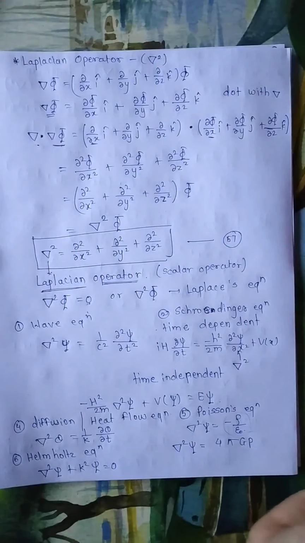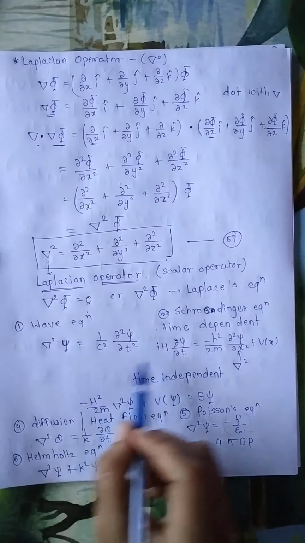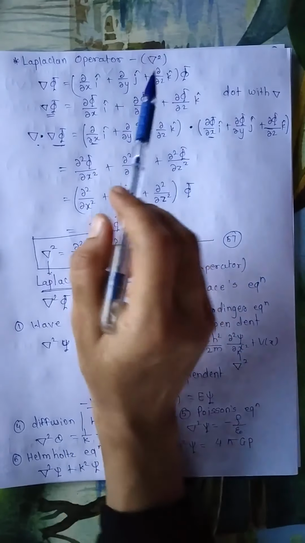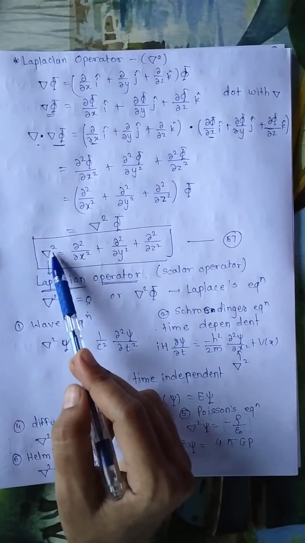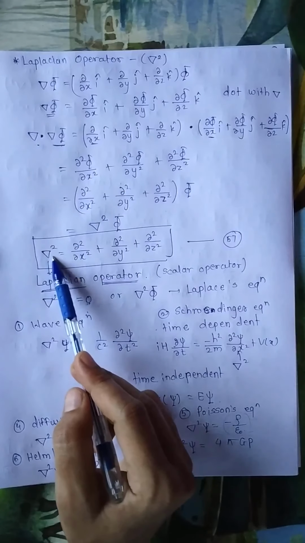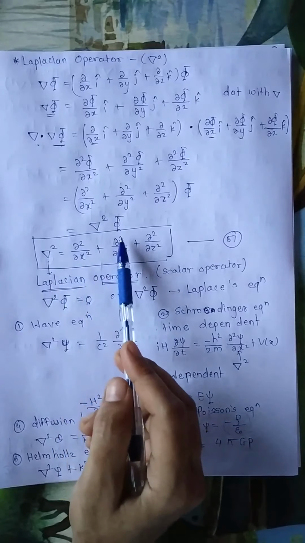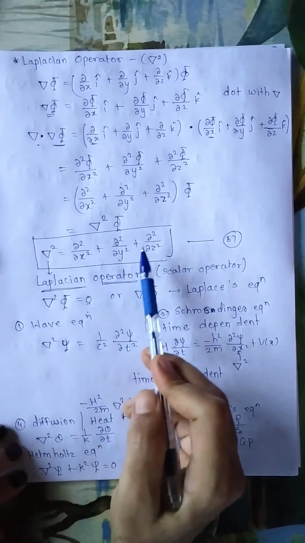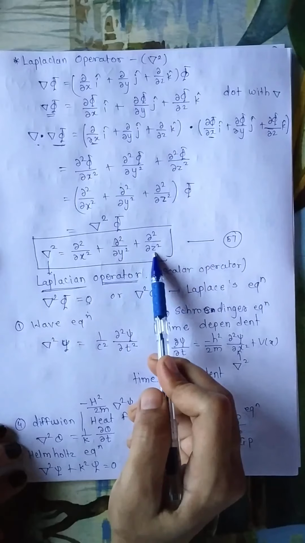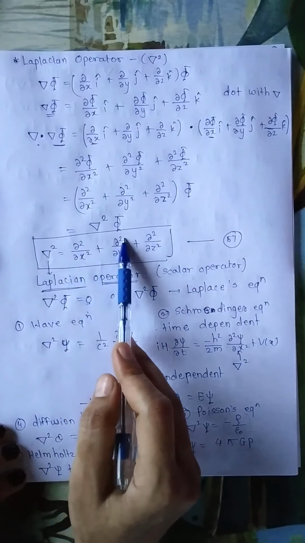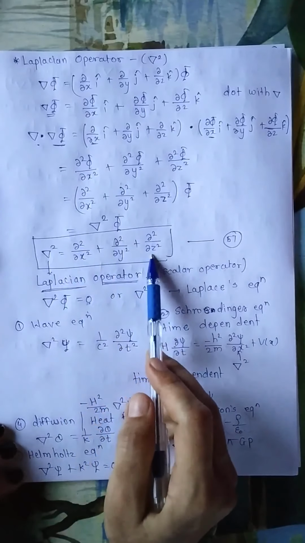Now it is not necessary, we have just taken this for your introduction, so you should just know what the Laplacian operator is. So the Laplacian operator is given by del square, which is ∂²/∂x² + ∂²/∂y² + ∂²/∂z², or this is also written as ∂²/∂x² + ∂²/∂y² + ∂²/∂z².